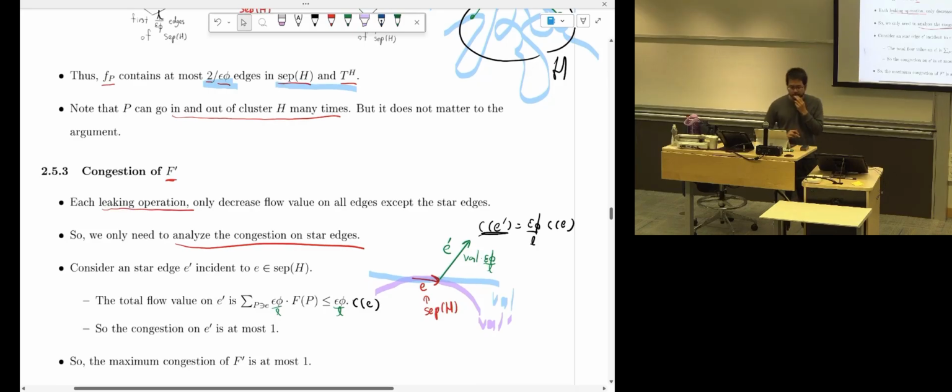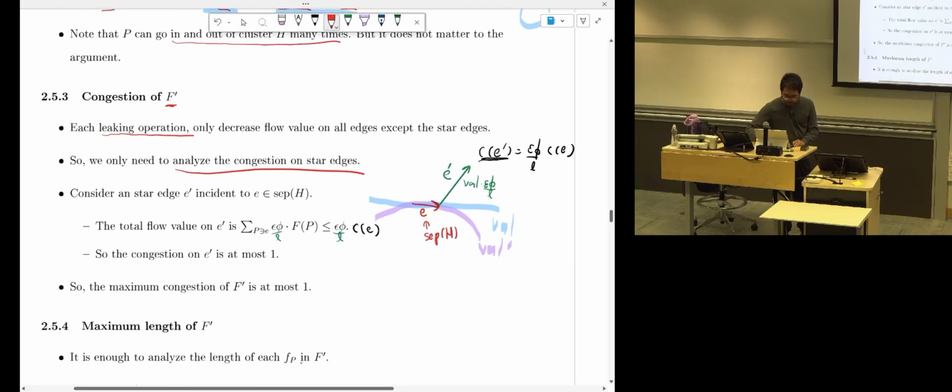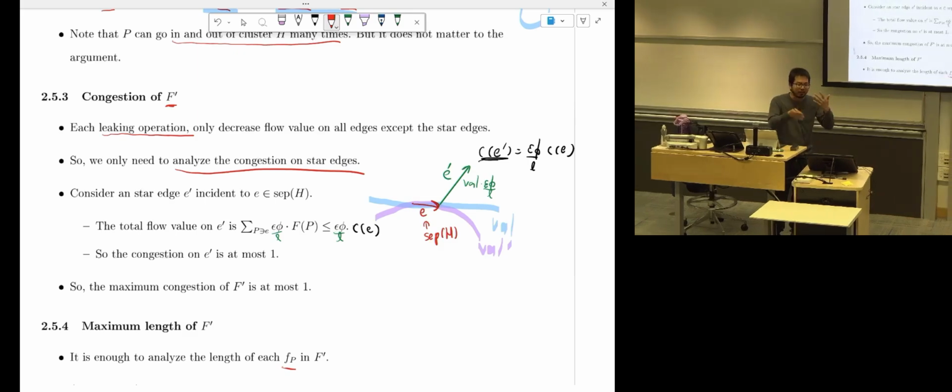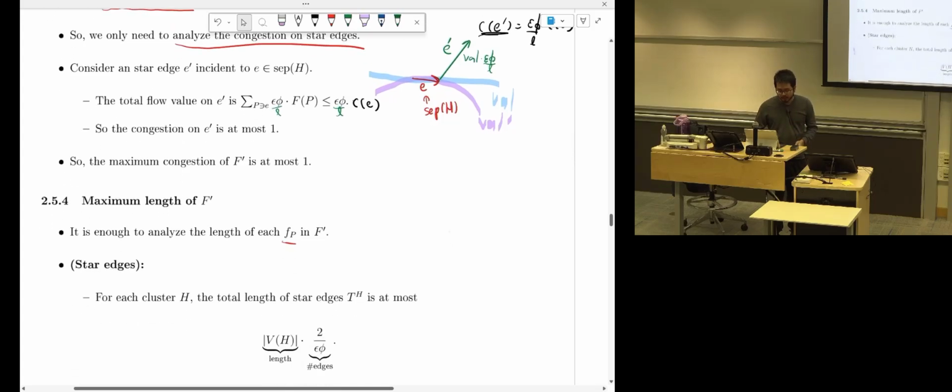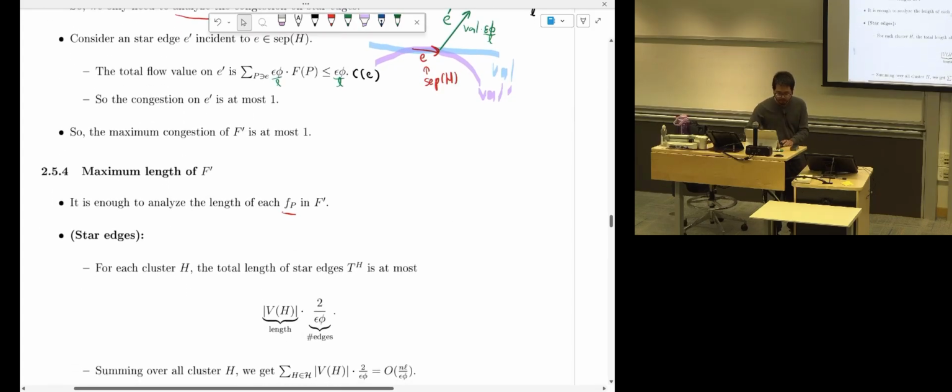Now what we are left with is bounding the maximum length of f prime. How to do that? Well, it's enough to bound the length of fp, because f prime is just a sum of fp. There are several types of edges. First, let's look at the star edges in fp. Let's look at each cluster.